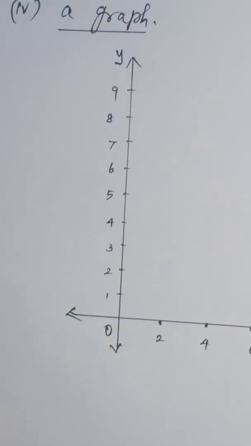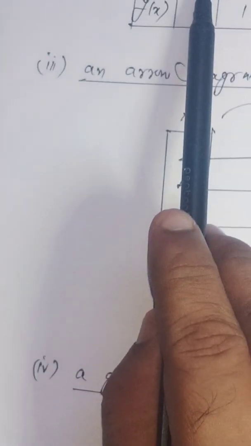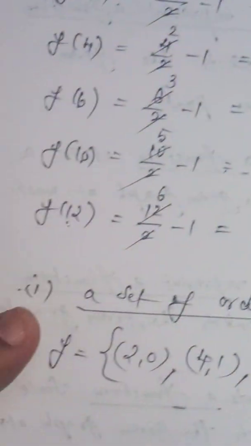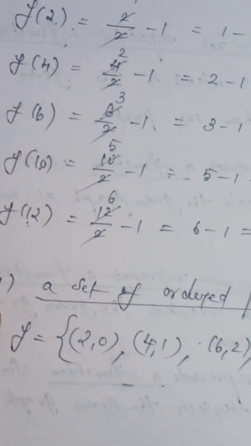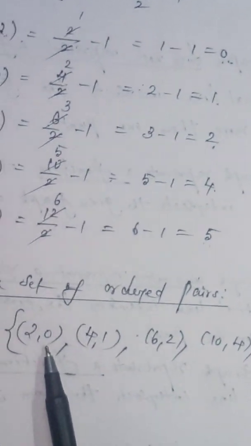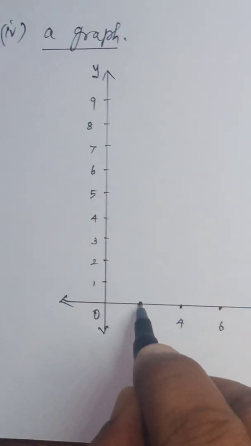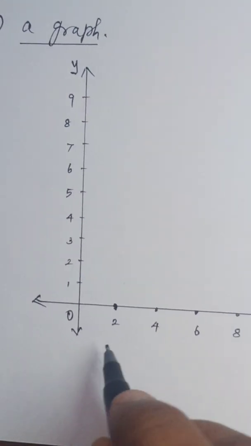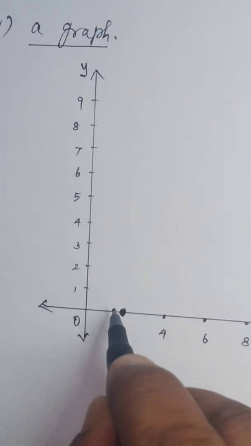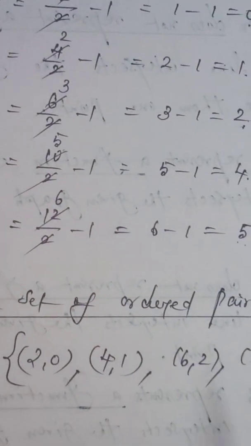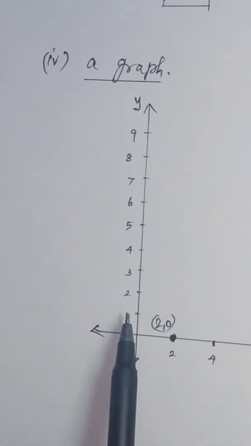Now look at that set of ordered pairs. These are the points to be plotted in a graph. First one, 2, 0. The point lies on the x-axis. You know how to plot the points in a graph. This is the first point, 2, 0. Second point, 4, 1. So 4 in x-axis, 1 in y-axis.